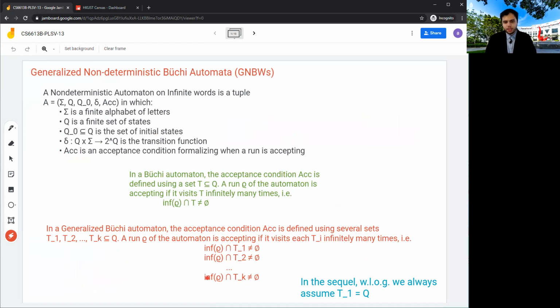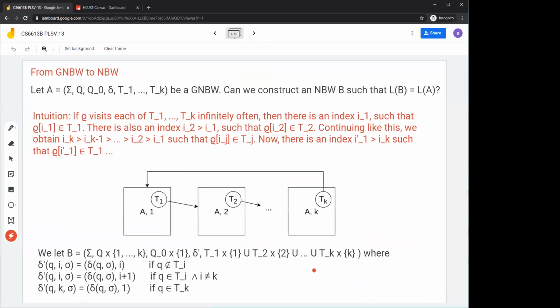So the order doesn't matter. Okay, so then in the non-deterministic Büchi automaton, we should have every possible copy of the cases in which all of these sets are being visited.